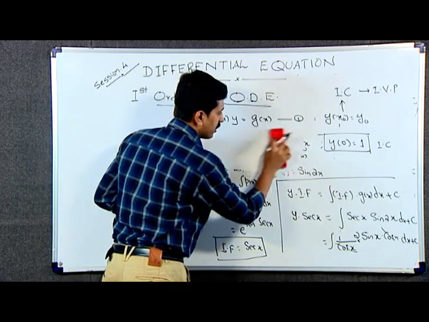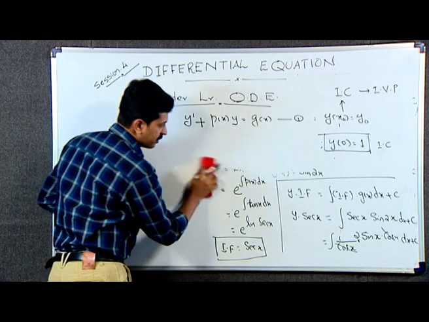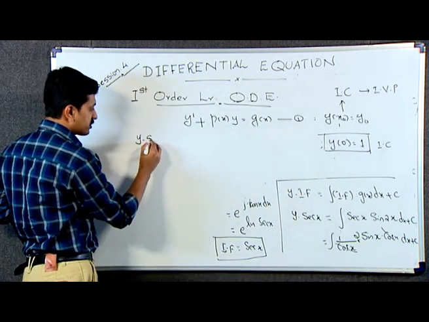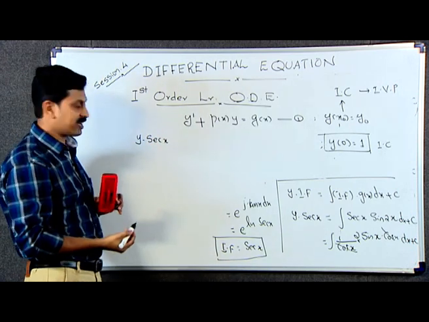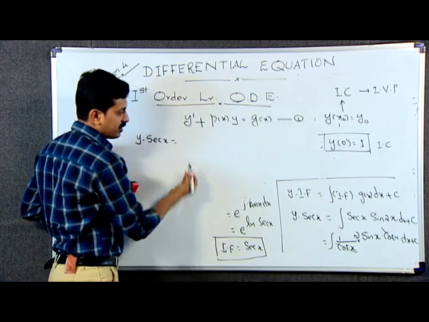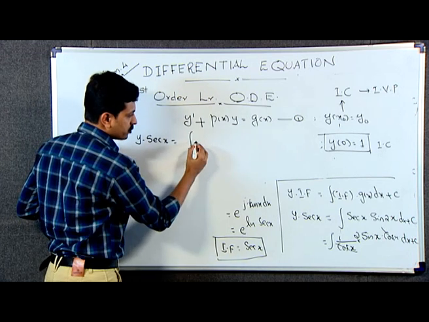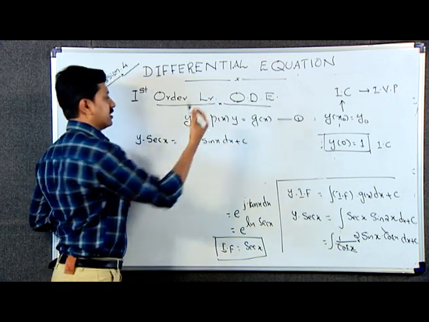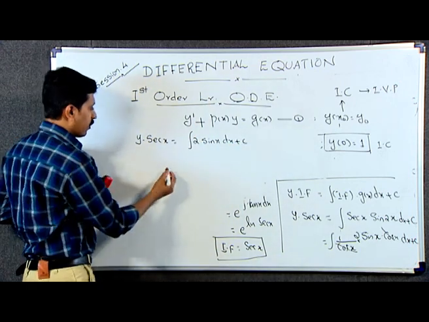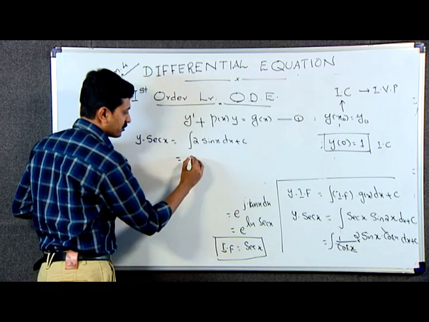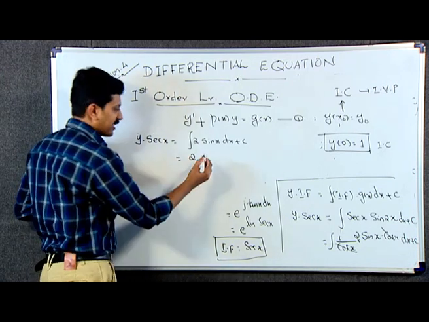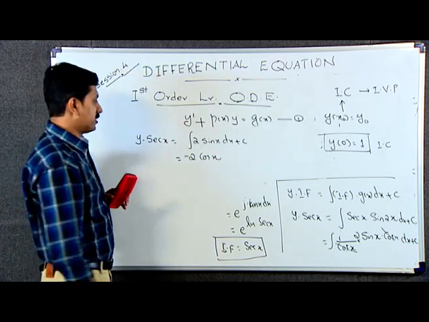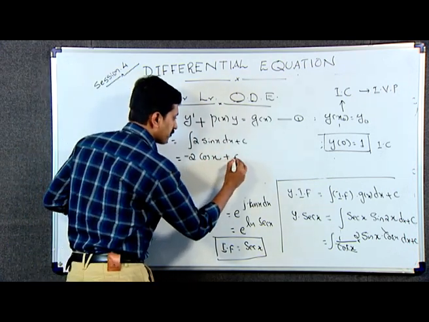So y sec x equals the integral of 2 sin x dx plus c. This is y sec x equals 2 times the integral of sin x. The integral of sin x is minus cos x, so taking the minus, it is minus 2 cos x plus c.